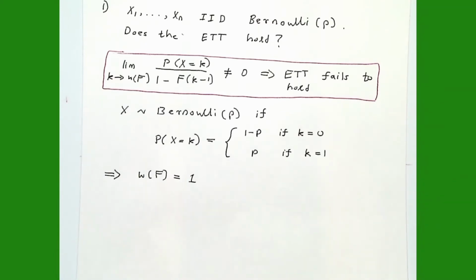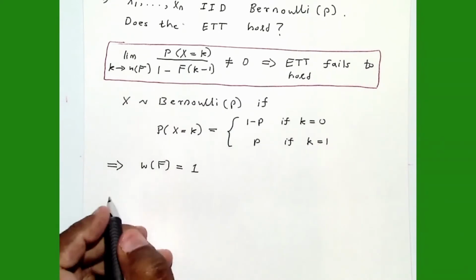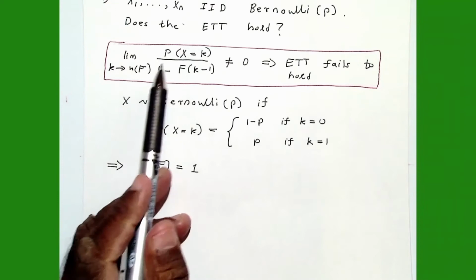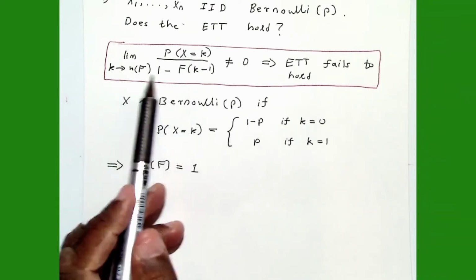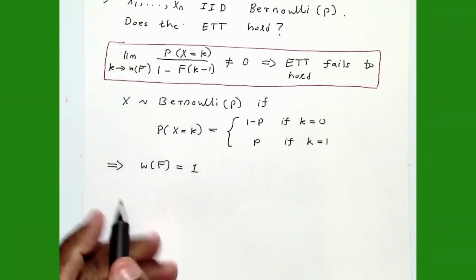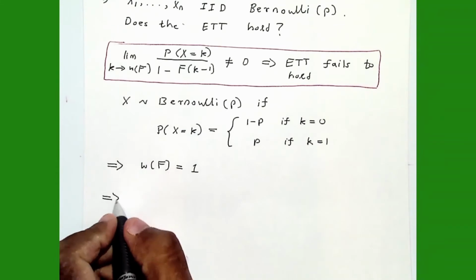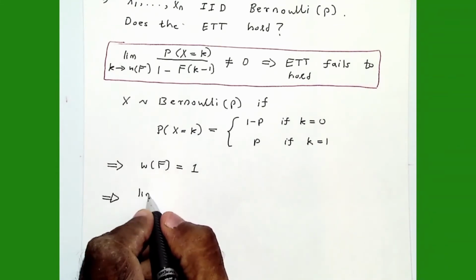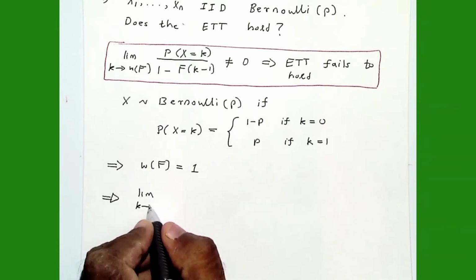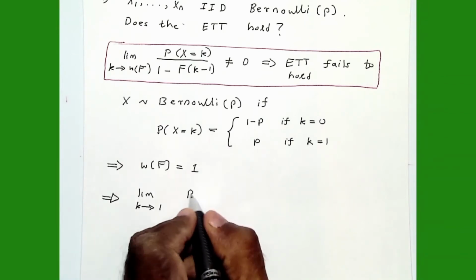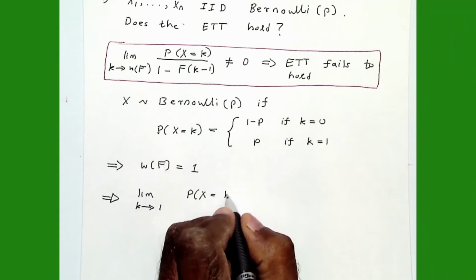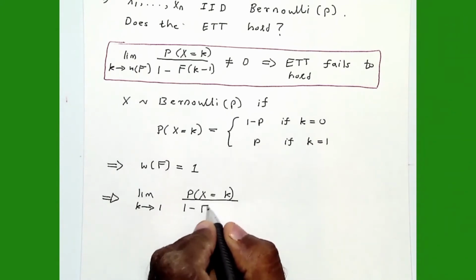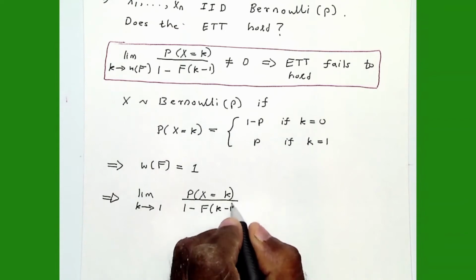What you need to find is the limit as k approaches 1 of the probability that x equals k divided by 1 minus f of k minus 1.